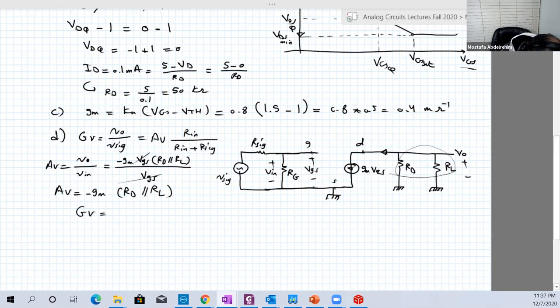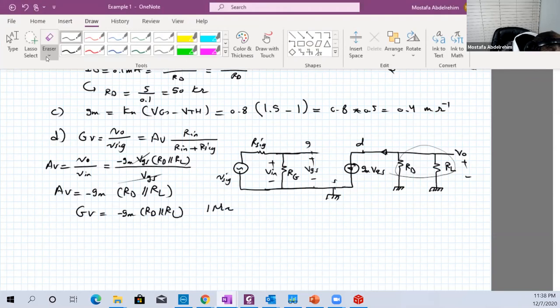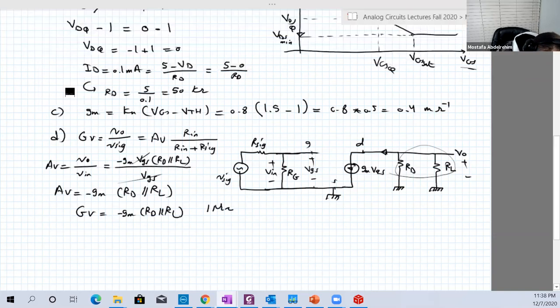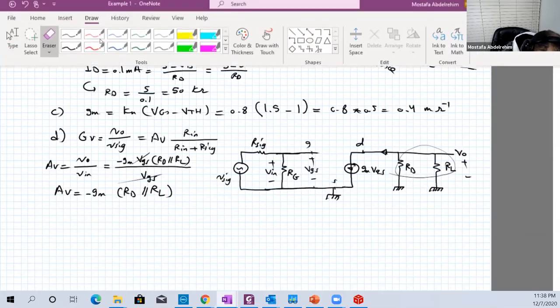Now GV is equal to minus GM RD parallel RL, our input, which is 1 mega ohm. I'm sorry. Yeah, we didn't determine our input yet. So let's do it now. Before we continue, we should determine our input.